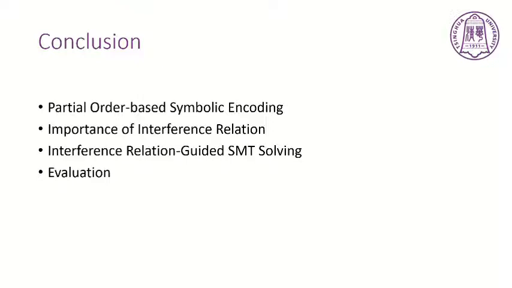So we want to prioritize interference variables in SMT solving. Compared to traditional SMT solving, we propose an interference relation guided SMT solving framework. We generate a decision order using our heuristics to force the SMT solver to choose the interference variables first.